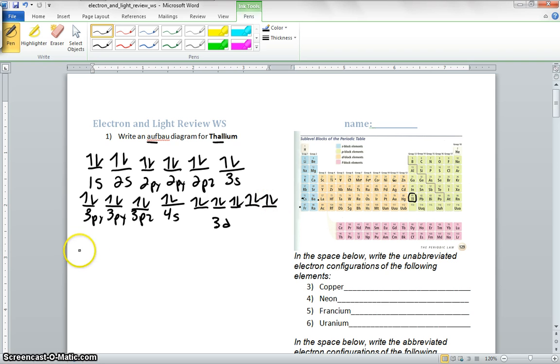And that takes us to 4p. And those all get 1 before we get its second, which takes us to 5s. So now we are 1, 2, 3, 4, 5 at rubidium and strontium. We still have a ways to go. Then we are at 4d.